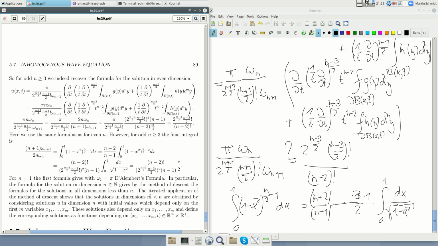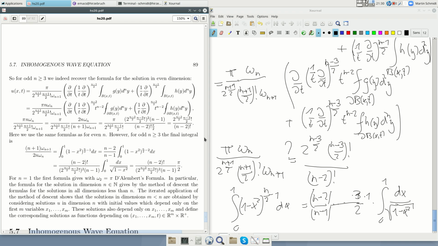These give the solution in m dimensions. So the method of descent also works going down from even dimension to odd dimension, or more generally from arbitrary dimensions to all lower dimensions.